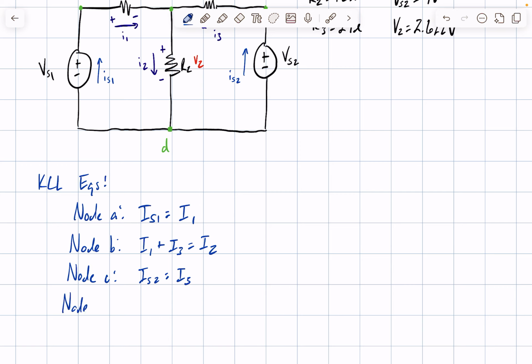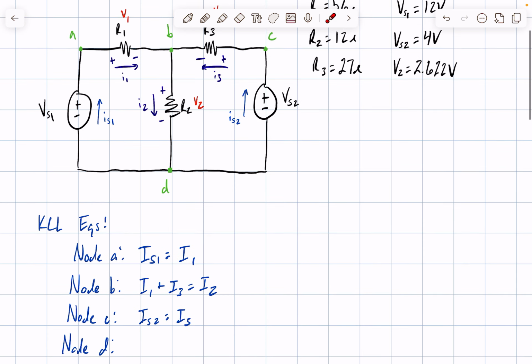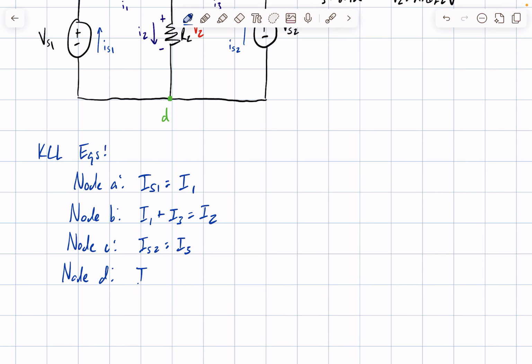And our final node is node D, and once again we can see that I2 is the only current going into node D, but there are two currents leaving node D, which are IS1 and IS2. So we can say I2 is equal to IS1 plus IS2.